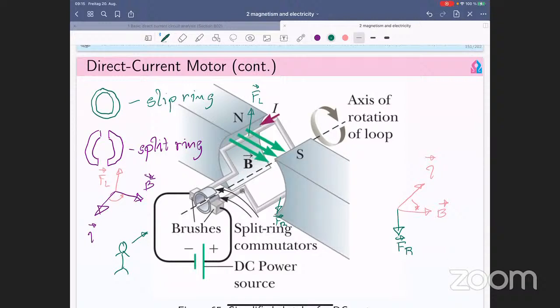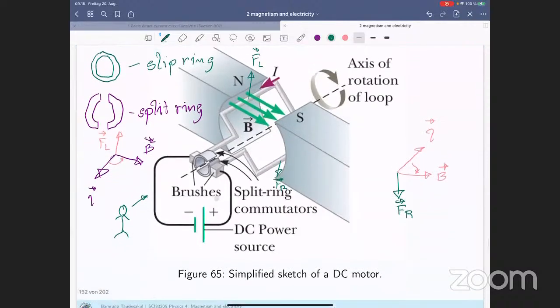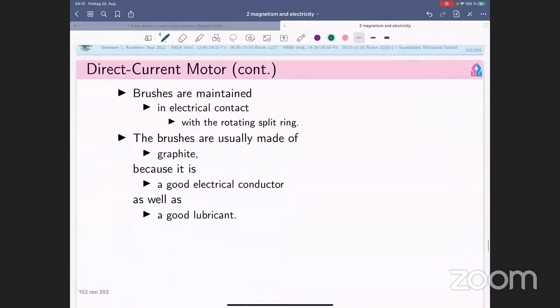That's not a good motor at all. A good motor should have a very small friction loss here.